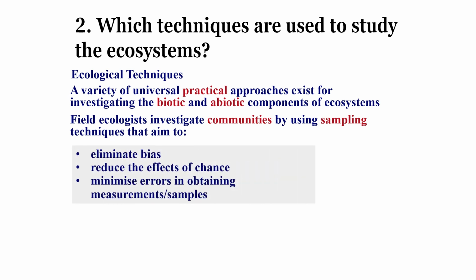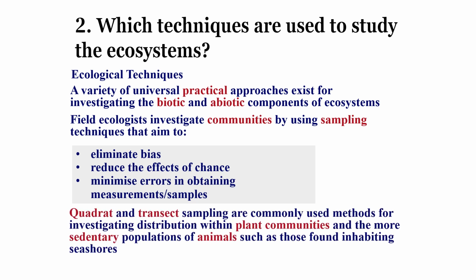Field ecologists investigate the living communities by using different kinds of sampling techniques. These sampling techniques are selected on the basis of their capability of eliminating bias. A bias is a deviation from a particular result because of our personal interest or personal opinion.